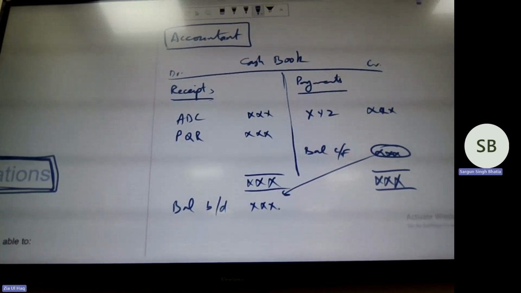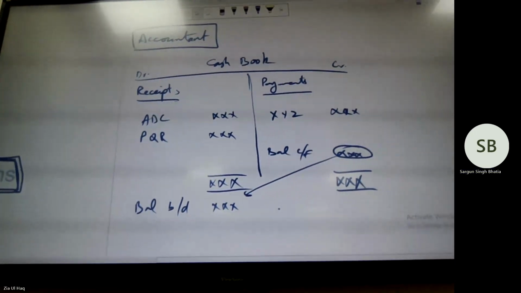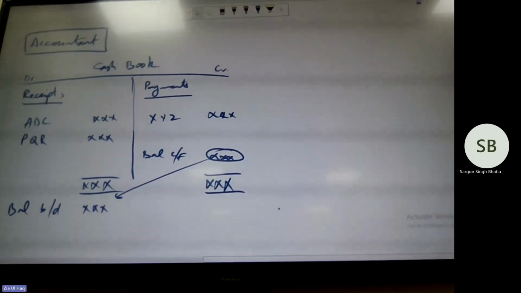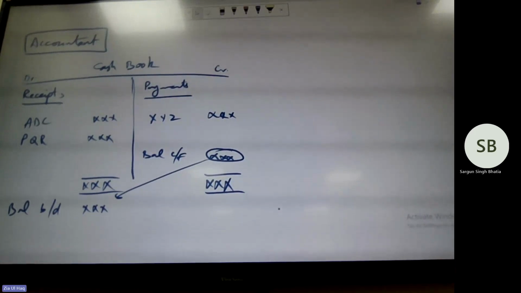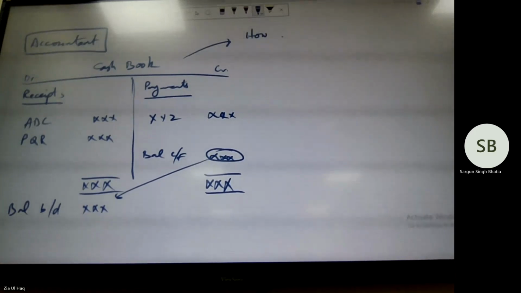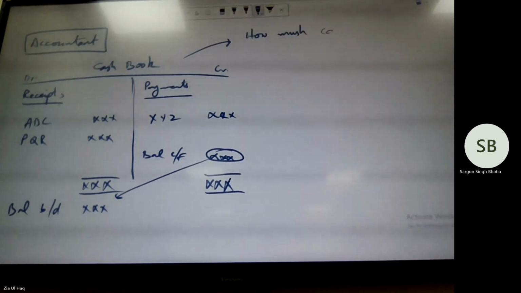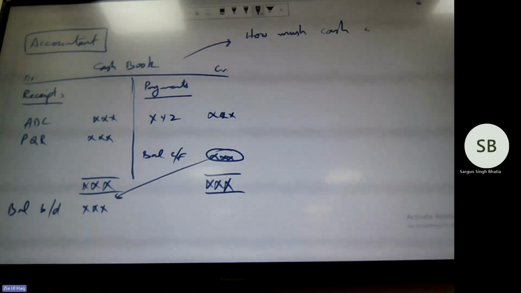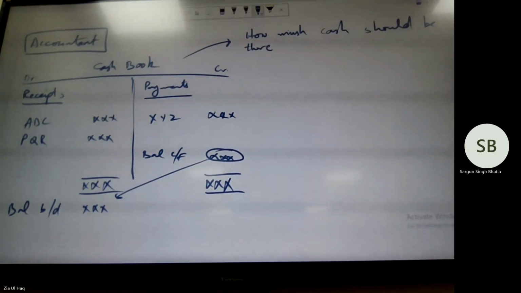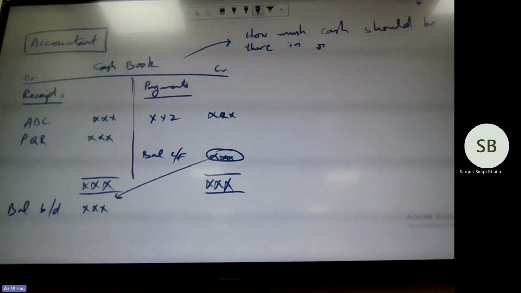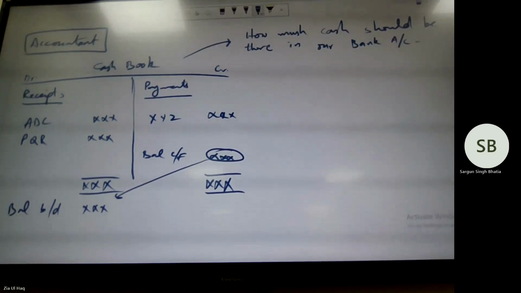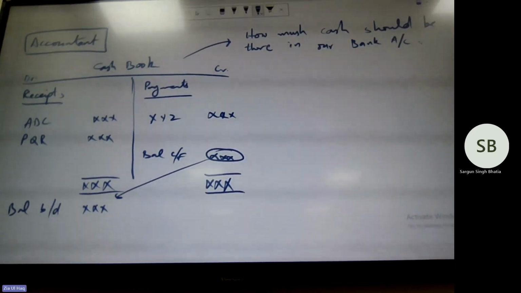This book will show how much balance we have in our bank account. Through the cash book, we will be able to identify how much cash should be there in our bank account as per our calculation.